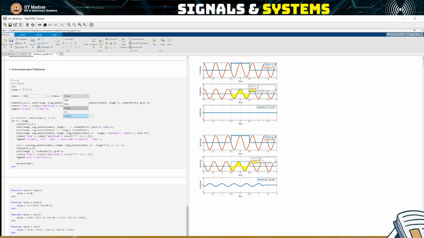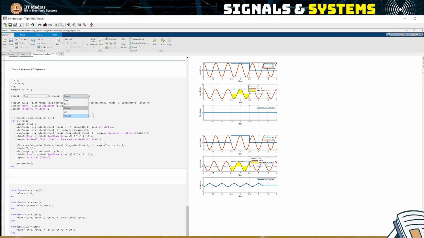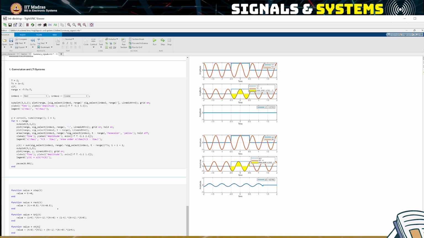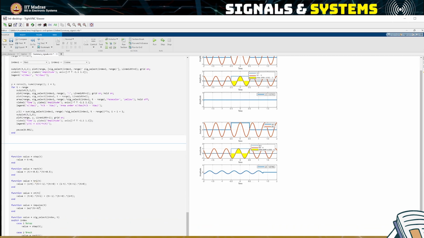So now we have verified several properties. Now let's verify what happens when we convolve a signal with an impulse which is shifted by some amount. Okay, so let's try and shift the impulse by some amount, let's say 1 second.